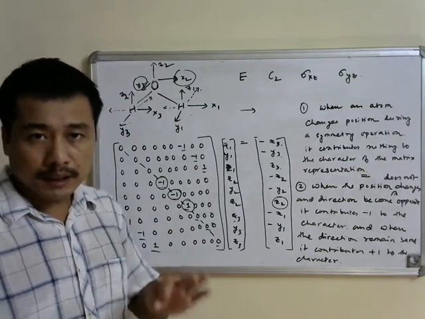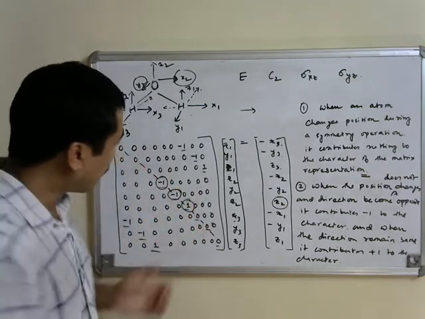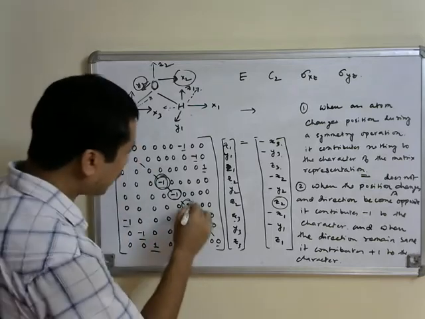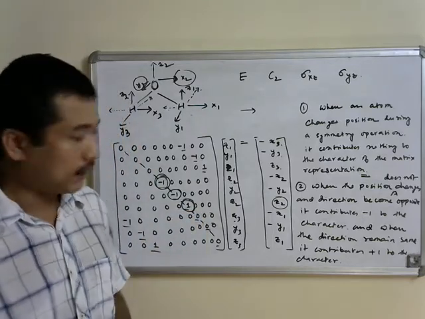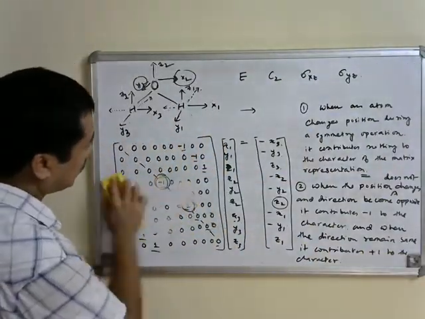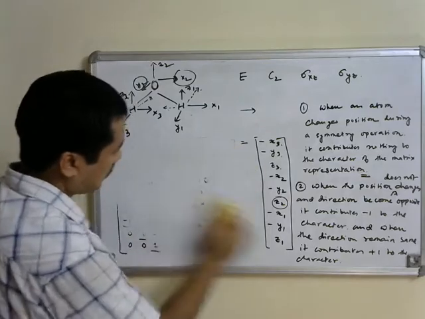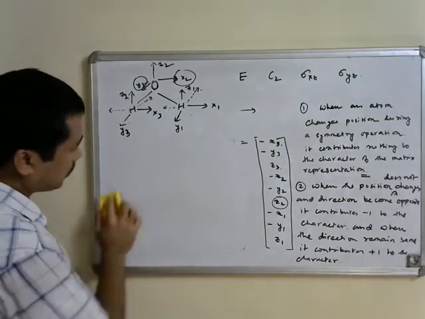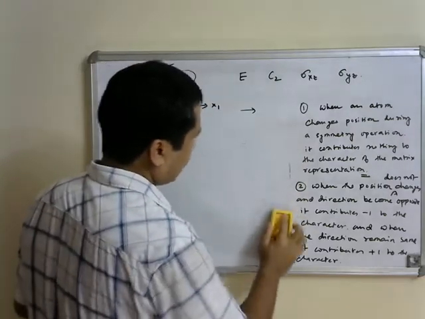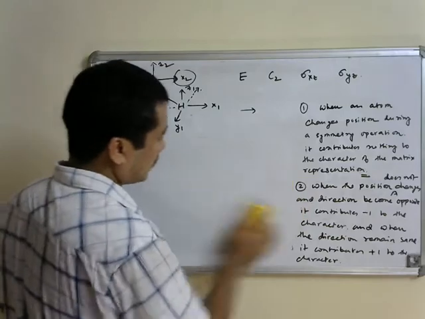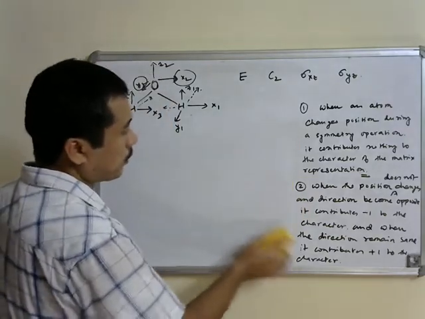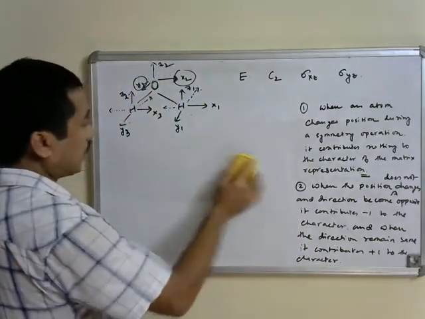Once we see that direction has become opposite, we write minus 1 on the character, and when the direction remains same, we can put plus 1 in the character. So this is a very important observation for us, and it will help us to write the character of a matrix without writing the entire matrix.